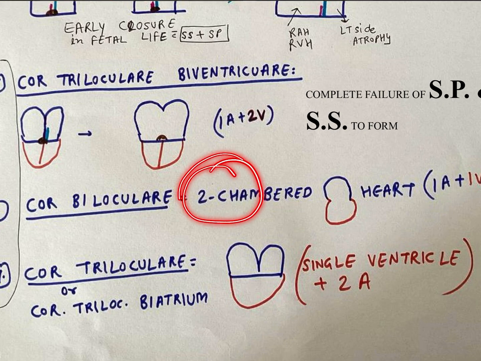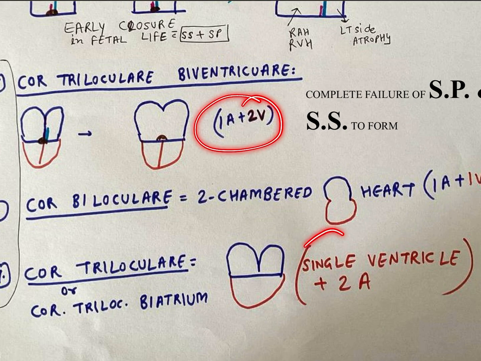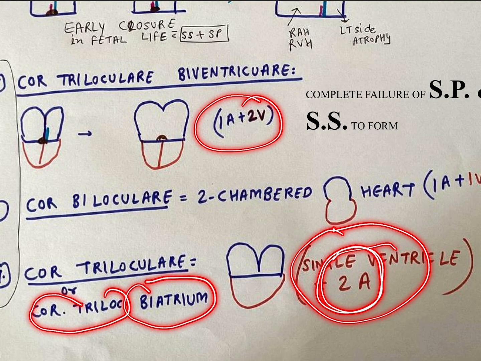It may result in only a 2-chambered heart or 3-chambered heart. A 2-chambered heart is known as cor bilocular, meaning only one atrium and one bulboventricular cavity is present, one atrium and one ventricle. Or it may cause 3 chambers like this and this. If 2 atria are present, then it is cor triloculare biatriatum. Biatriatum means 2 atria are present.